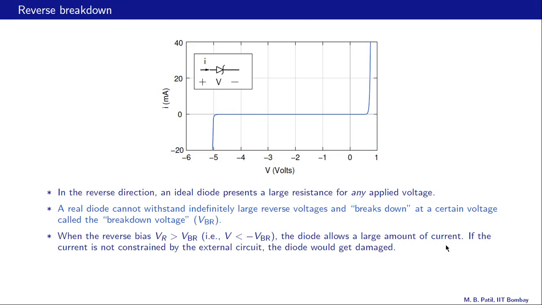And if this current is not constrained by the external circuit, then chances are that the diode would get damaged, because this V times I would be too large, that is the power absorbed by the diode, which has to be dissipated as heat, and if that heat is not dissipated effectively, the diode temperature will rise and eventually the diode would get damaged.